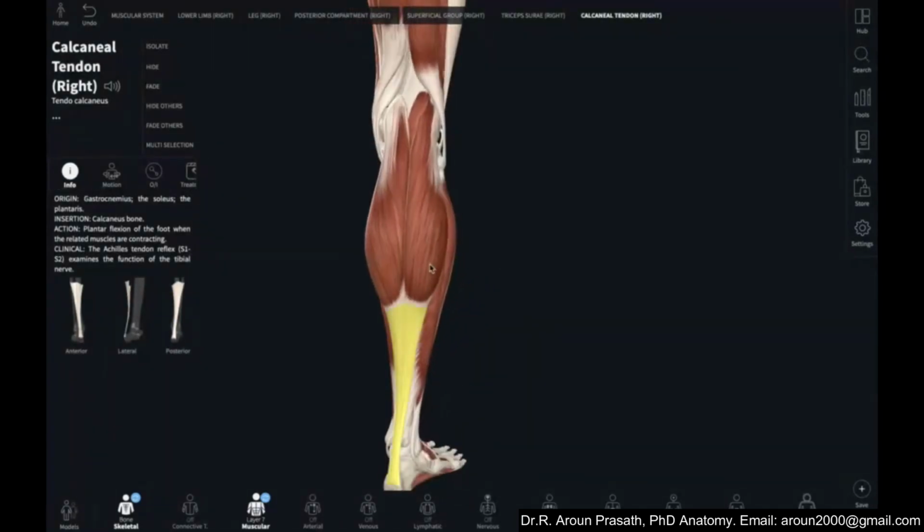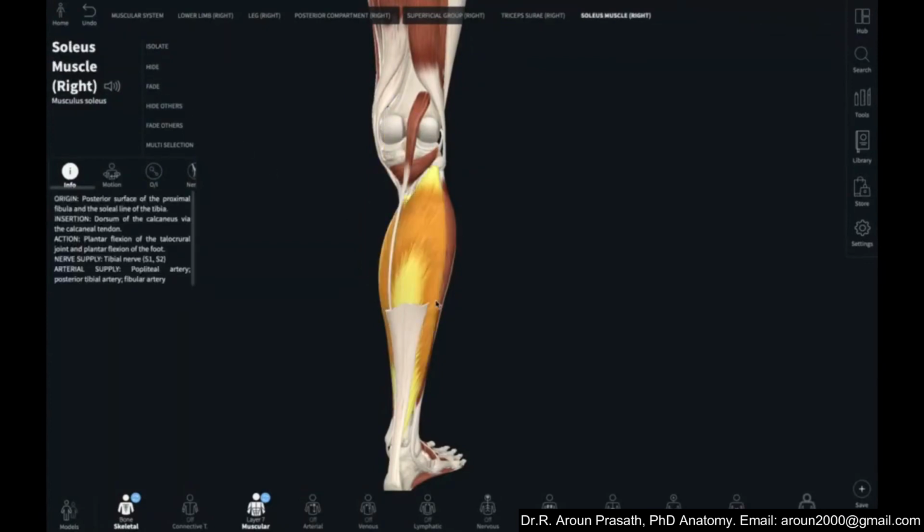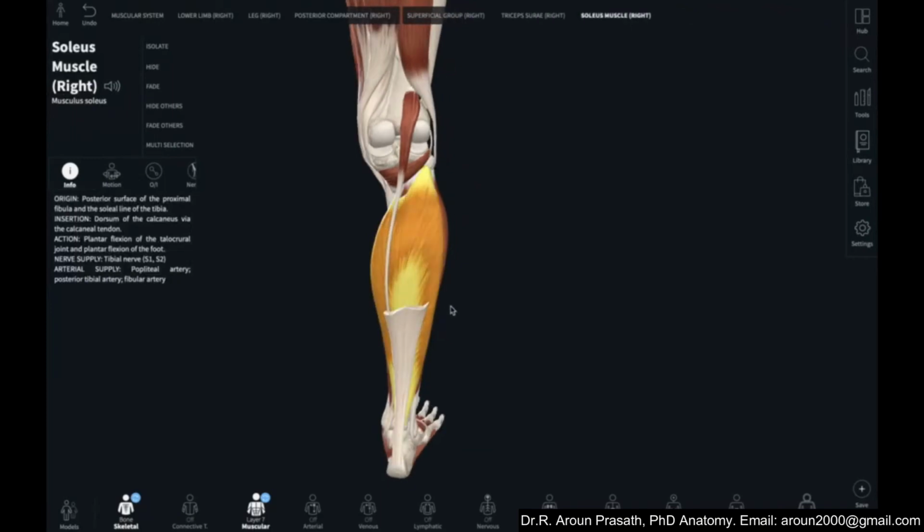Okay, now this is the gastrocnemius muscle. This muscle has the lateral head and the medial head. I will remove this gastrocnemius, and deep to that you see the soleus muscle.